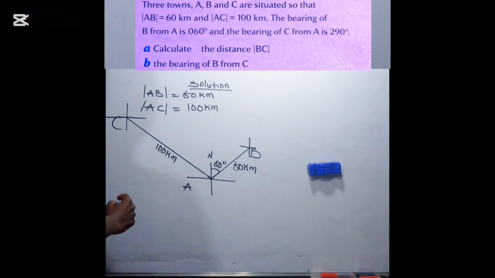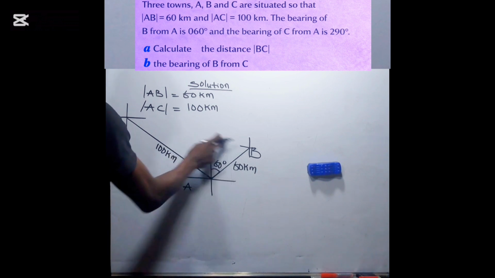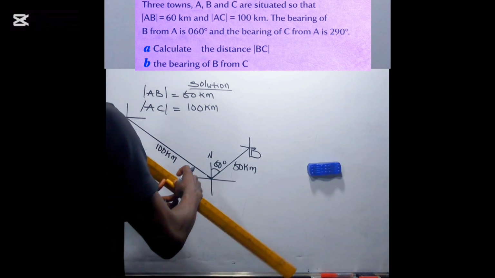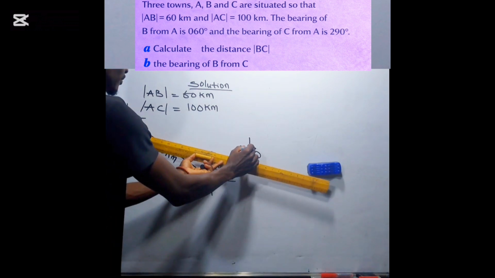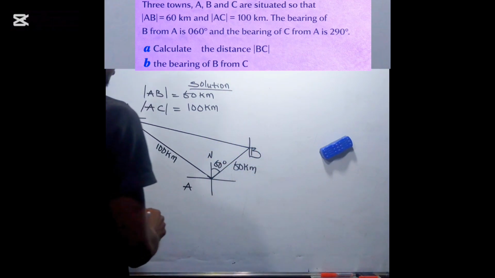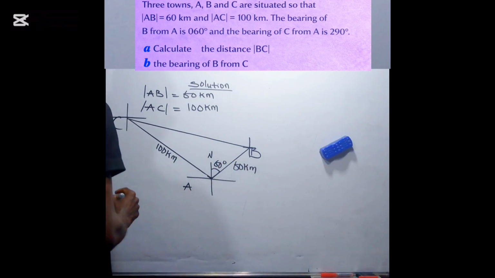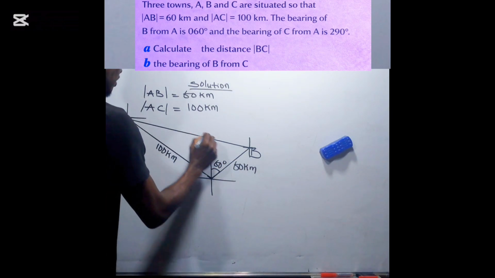Now, the next question is to calculate the distance BC. So let's join B to C. So this is B to C. Now we are asked to find distance BC.